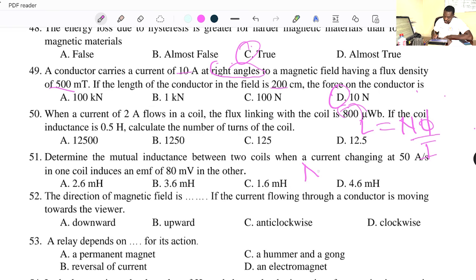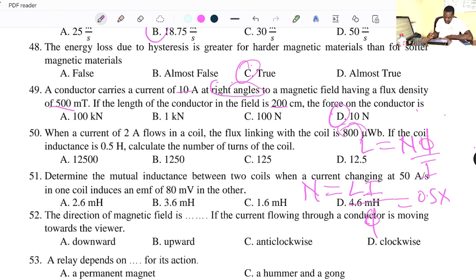That will be equal to inductance times current over magnetic flux. So inductance 0.5 times current 2 amps all over magnetic flux, which is 800 micro.